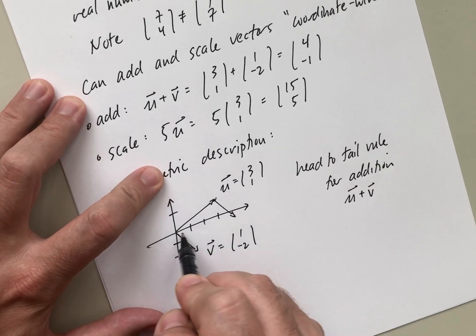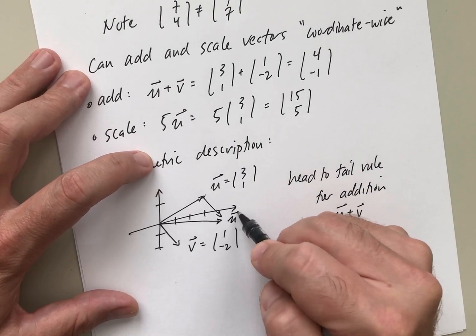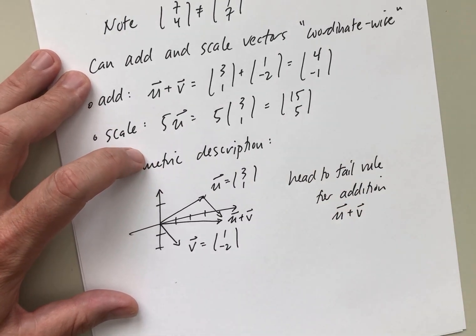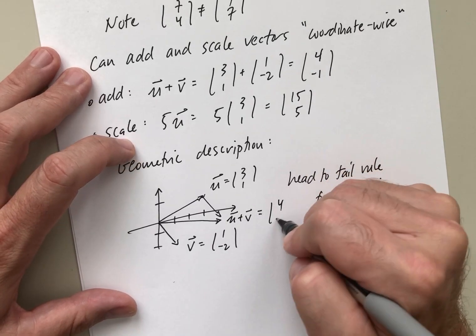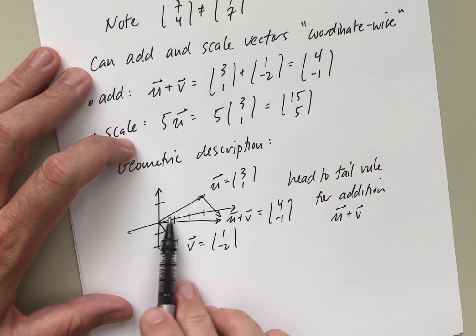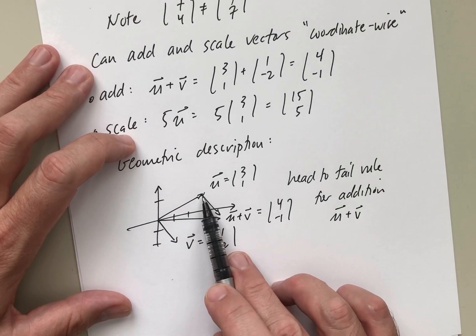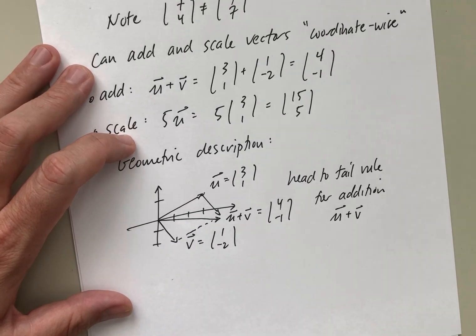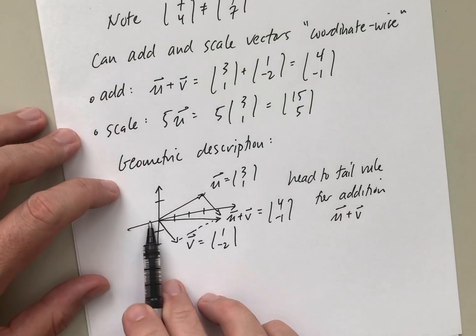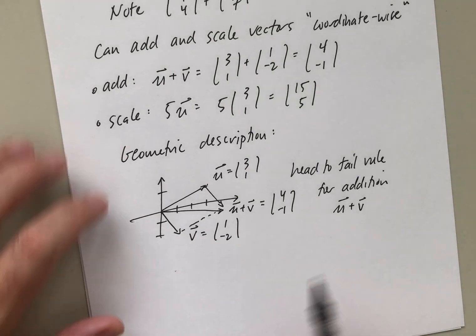What I get is a new vector, this one here. This will be u plus v. What is it? It was 4, minus 1. Geometrically, I took u, then took the vector v, lifted it up, put its tail at the head of u, and got a new vector. Notice there's a little parallelogram being made here, and the sum of the two vectors is the diagonal.